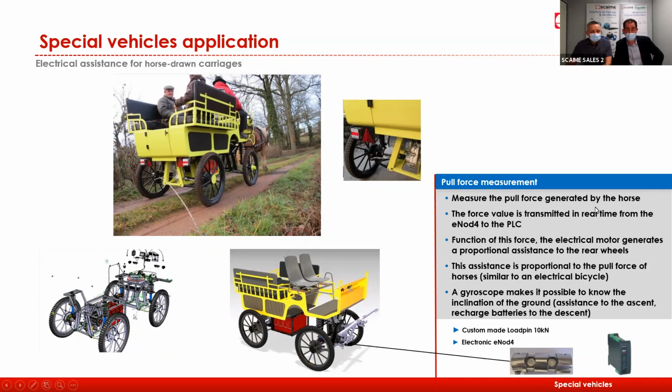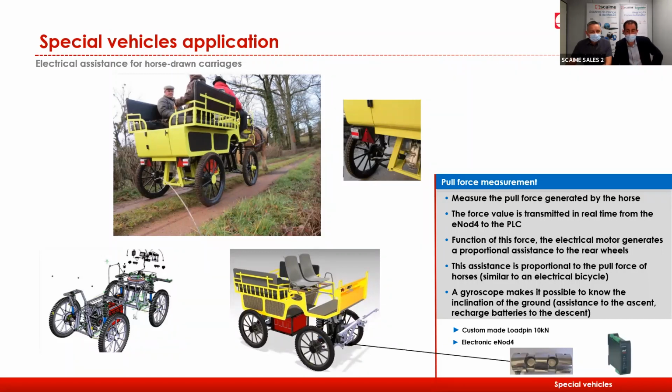generated by the horse. The force value was transmitted in real time from the Node 4 to a PLC integrated in this vehicle. And as a function of the force, the electrical motor was generating a proportional assistance to the rear wheels.